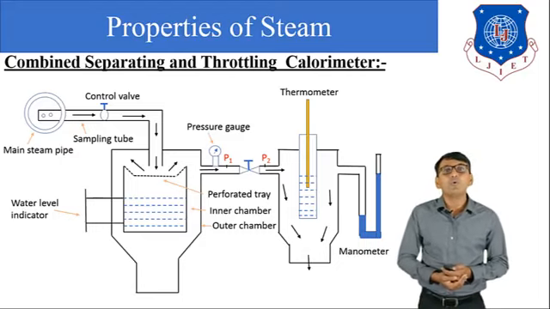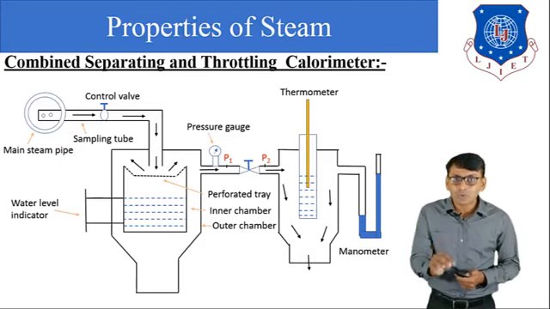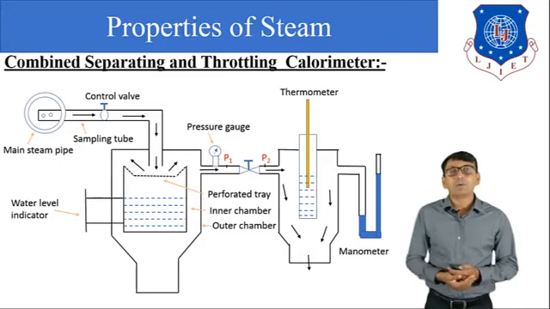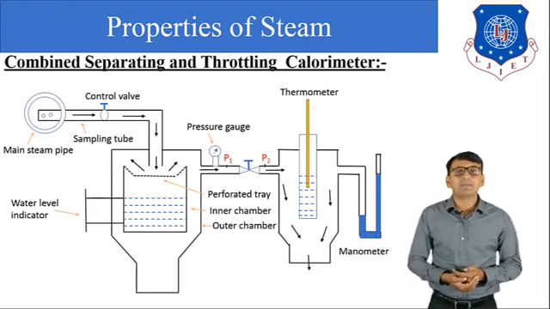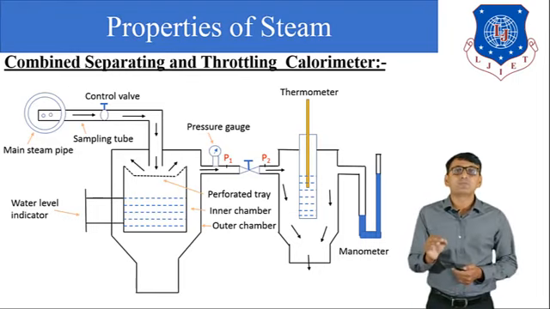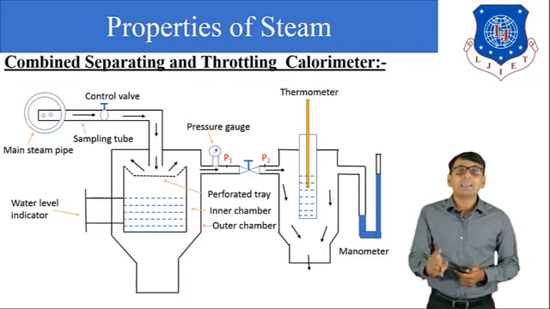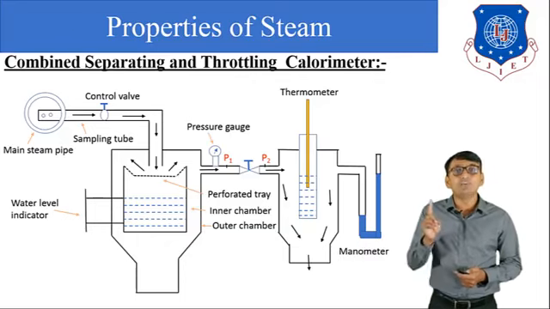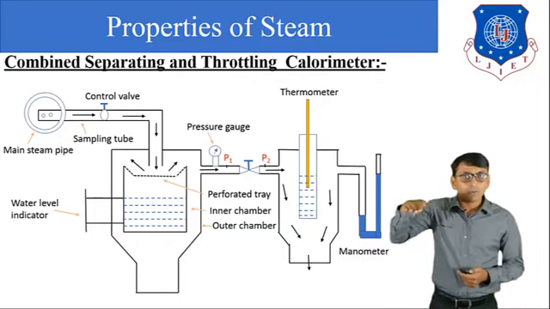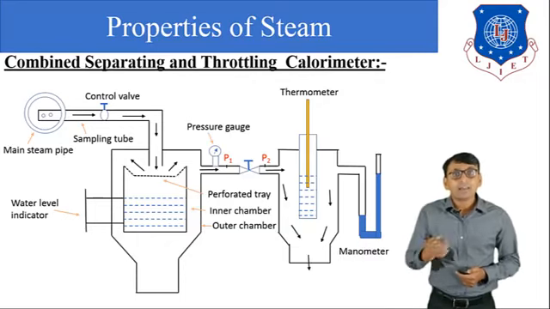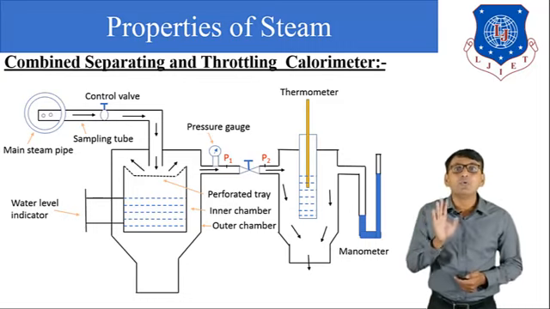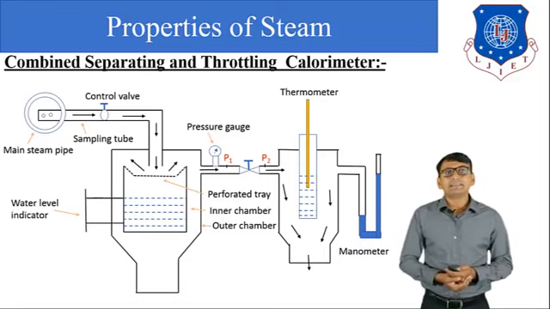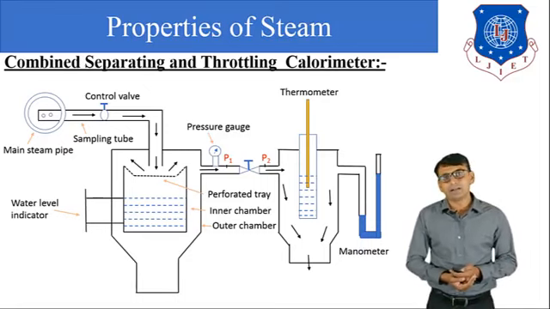So at point 2, at pressure P2, there is superheated steam. The temperature of the superheated steam is measured by the thermometer and its pressure by the manometer. The water level indicator is used to measure the level of water so that we calculate MW, the mass of water. So this is about the combined calorimeter.